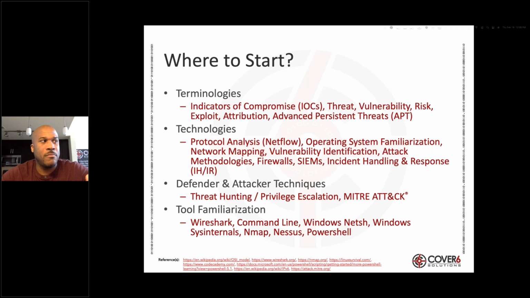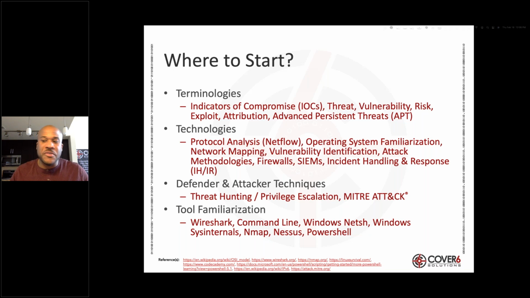I'm talking about the offensive piece for a little bit because that's important. You need to understand attacker techniques and methodology, because the first few phases for defenders and attackers are exactly the same: identify all of the hosts, ports, and services, and identify vulnerabilities.